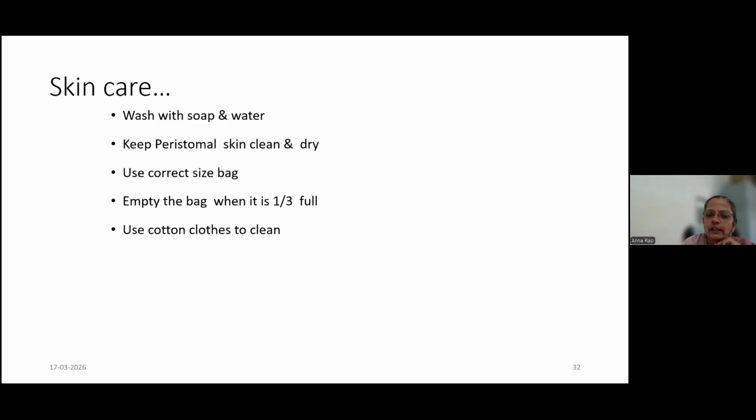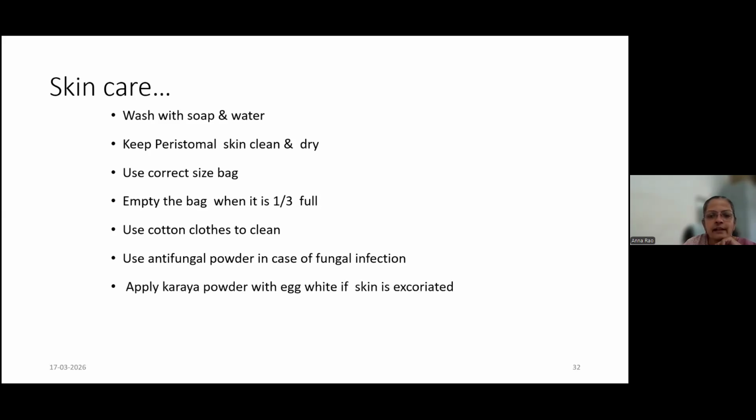For cleaning, either use gauze or soft cloth pieces, which you might have learned to make at home during dressing. Soft cloth or a soft napkin can be used for cleaning and drying the skin. Use of antifungal powder may be useful in case of fungal infection and for prevention of it also.